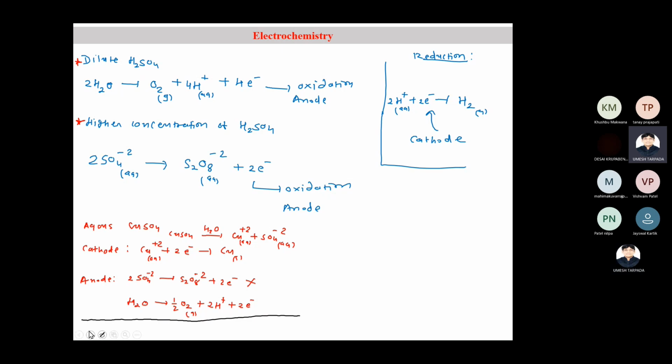CuSO4 plus 2SO4 minus 2 plus H2O gives S2O8 minus 2, one half O2, copper, plus one SO4 minus 2 will cancel here, only one needs to be written.